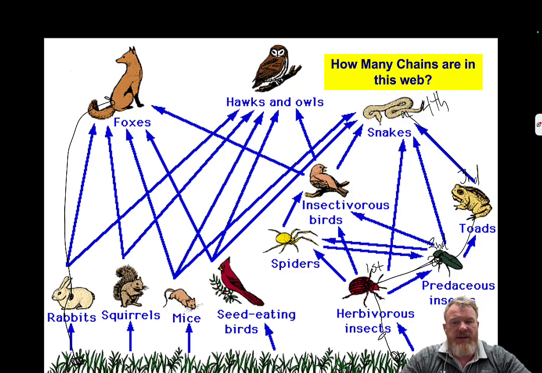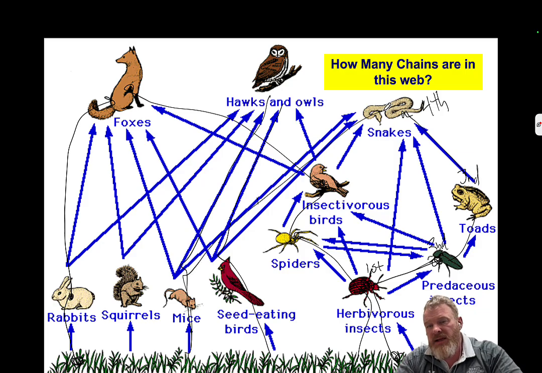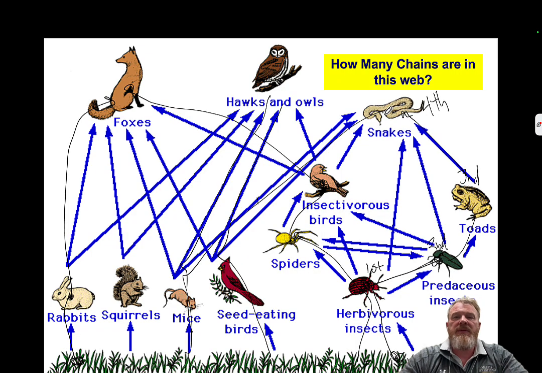So we could go back to here. Let's do insect, spider, bird, hawk. All right. Plant, bird, hawk. Mice, hawk, or mice, snake. Okay, these are all the feeding relationships that we could possibly have in a food web.